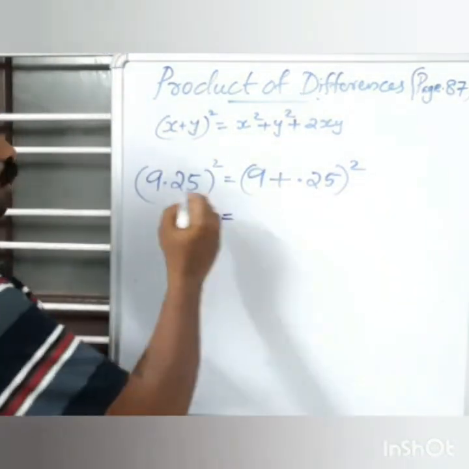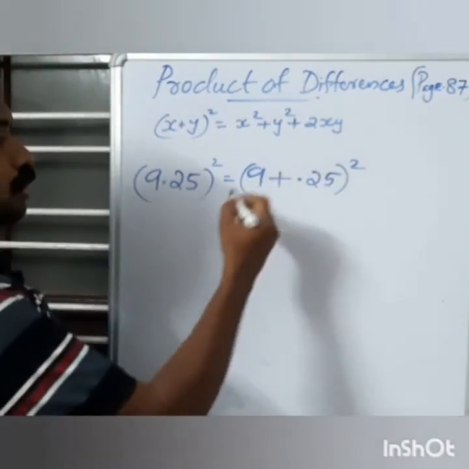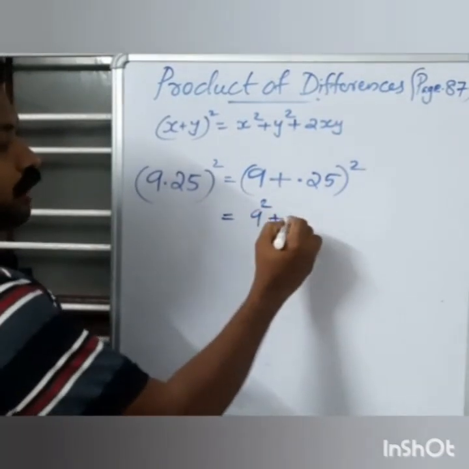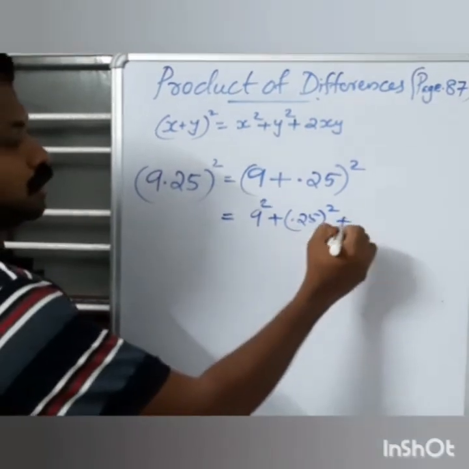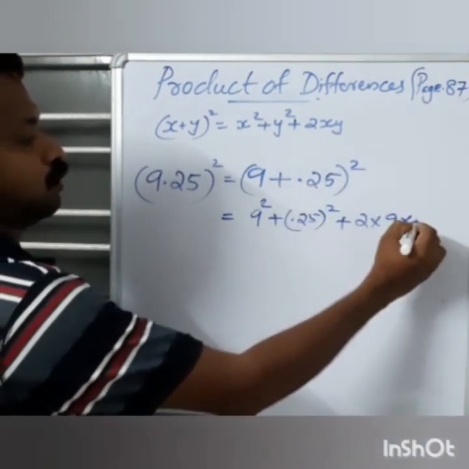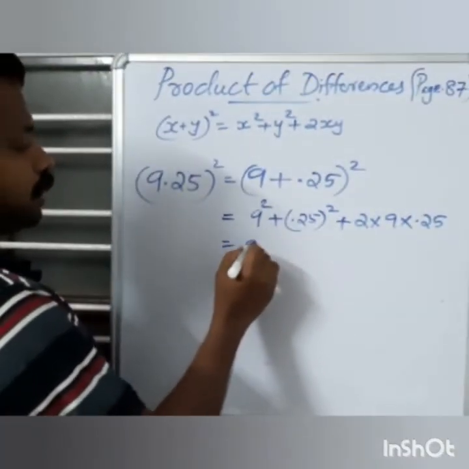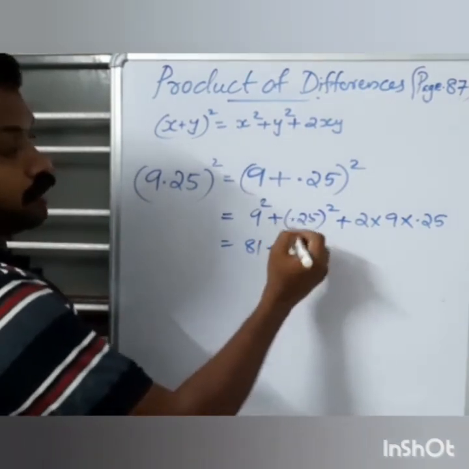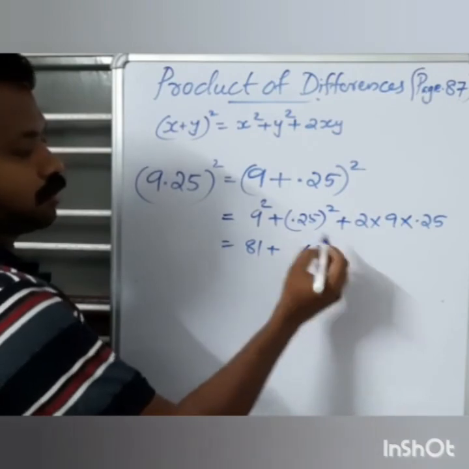See it again. 9.25 can write as 9 plus 0.25 square. So x square 9 square plus y square 0.25 whole square plus 2 into 9 into 0.25. Then 9 square is 81 plus 25 square you have to write down first. 25 square is 625.